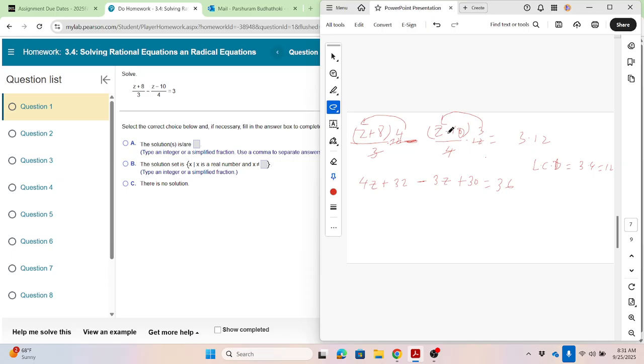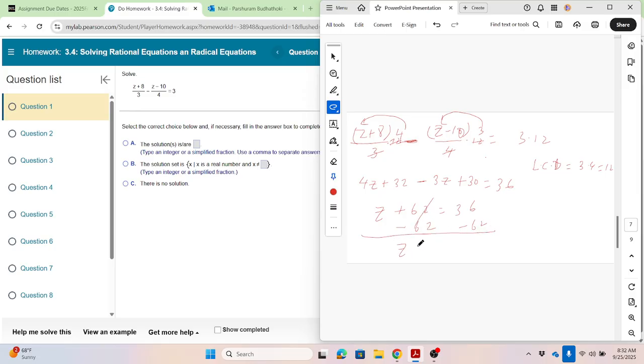So now solving this rational equation is solving this equation. So 4z minus 3z equals z. 32 plus 30 is 62 equal 36, and just subtract 62 from both sides.